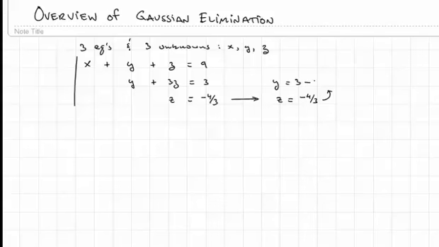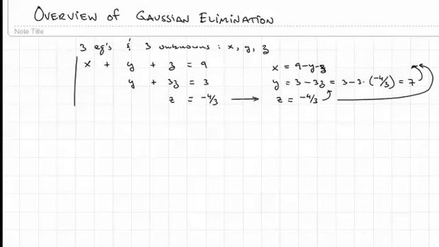And once I know z, I can solve for y by writing y is equal to 3 minus 3z, which is 3 minus 3 times minus 4/3. That would be 3 plus 4, which is equal to 7. And then I can use both z and y to solve for x. Here x is equal to 9 minus y minus z.